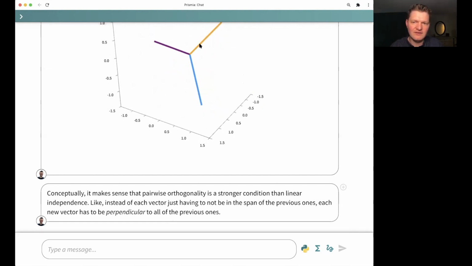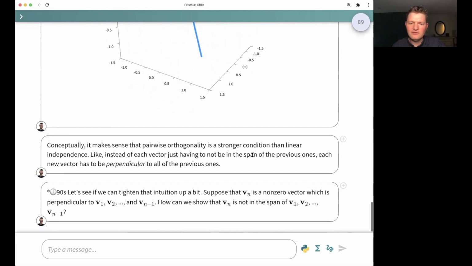Not only is this orange one not in the direction of the purple one, it's as far as it could get from being along the purple line. And same thing for the blue one with respect to the plane spanned by the purple and the gold one. You're definitely not linearly dependent here. And in fact, you can show this, and it's really enlightening.